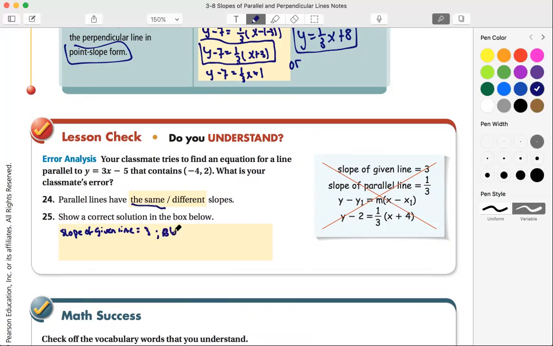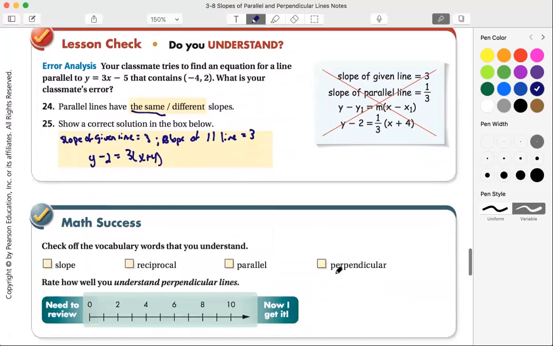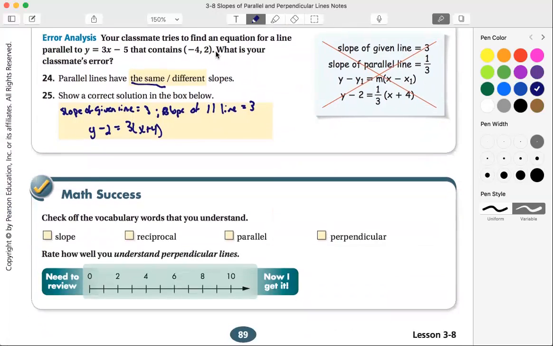So the slope of a parallel line is also equal to 3. So we have y minus 2 equals 3 times x plus 4. That's what the equation should have been. And that's the end of this section.